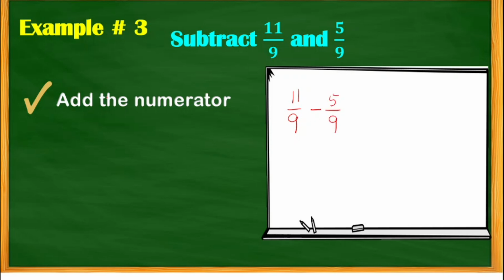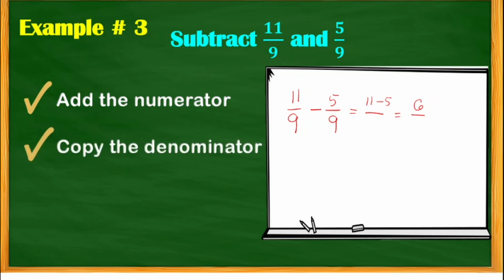So again, we're going to subtract the numerator because the operation is subtraction. 11 minus 5 is equal to what? 6. And then copy the denominator.